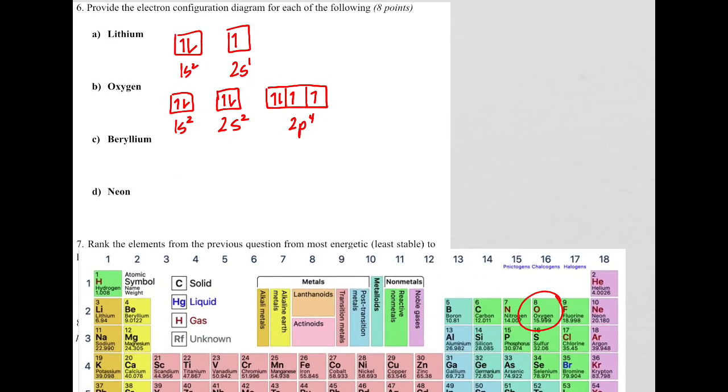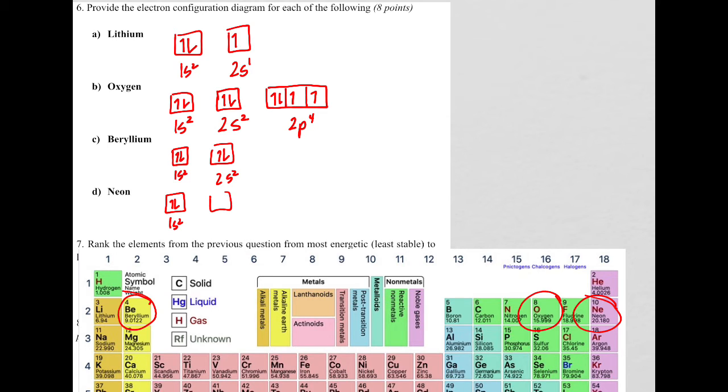Next we have beryllium. Beryllium is right here, number 4. So we have 4 electrons we need to place for beryllium, 1s2 and 2s2. Finally, neon is number 10. So we have 10 electrons we have to place for neon.